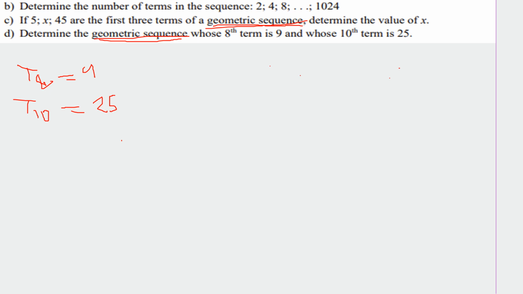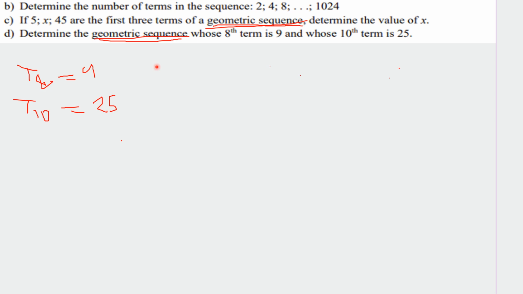So when they have given us the statement that this is a geometric sequence, what do we know about the geometric sequence? Remember, we know that if a sequence is geometric, the ratio between two consecutive terms is constant, is equal.